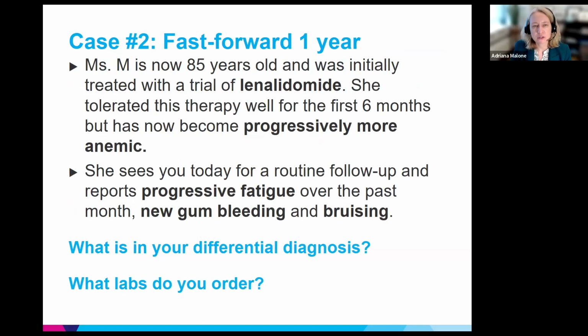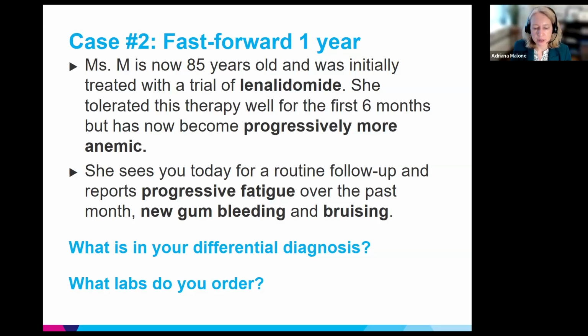So what is in our differential diagnosis now? She may have progressive MDS, transformation to acute myeloid leukemia, progressive thrombocytopenia, or she may have disseminated intravascular coagulation, or DIC, with her new gum bleeding and bruising.